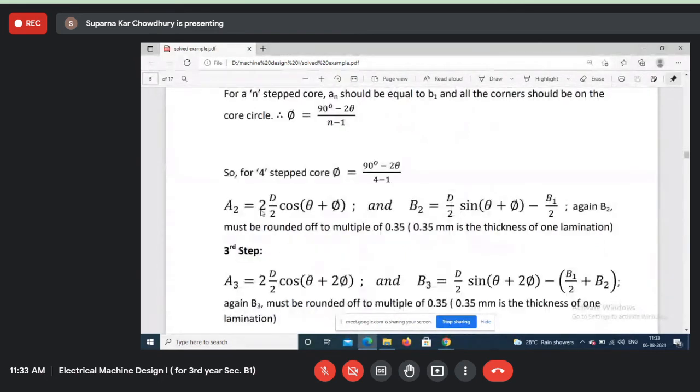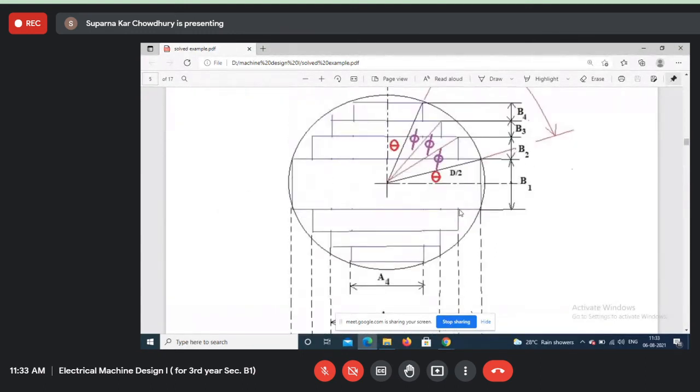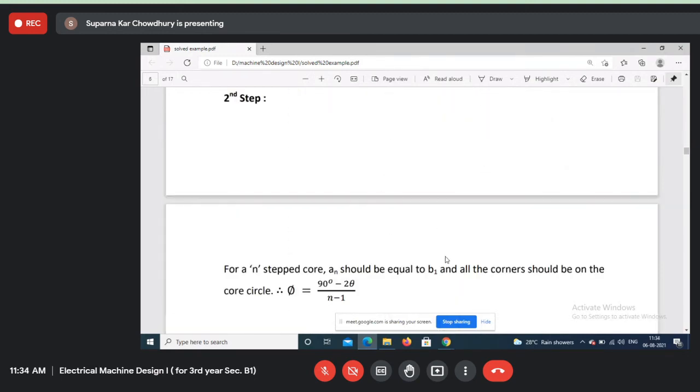So we will have 2 into D by 2 cos theta plus phi. And similarly B2 we can get. B2 will be this one. So D by 2 sine of theta plus phi, that will be this total distance, minus B1 by 2. That will give you B2.